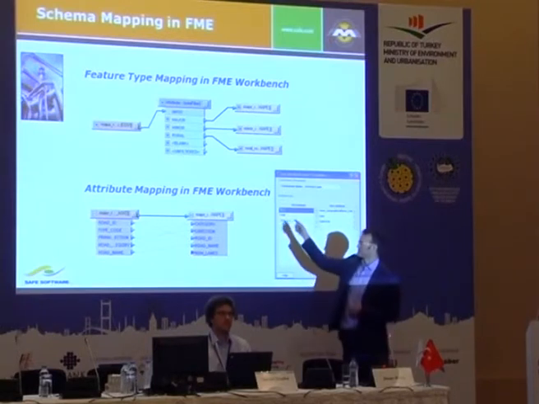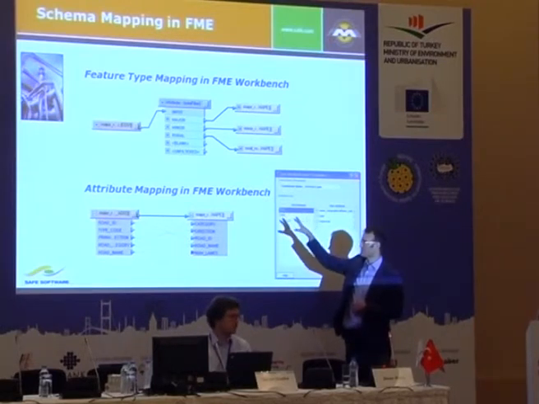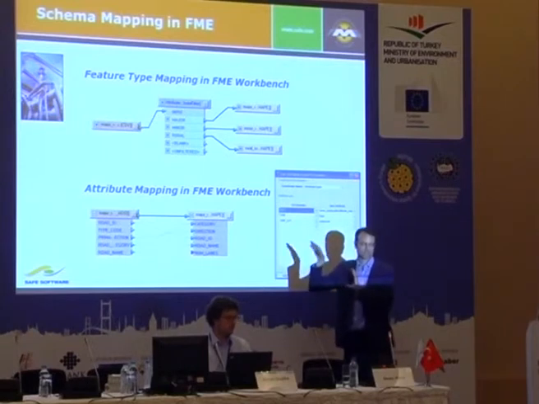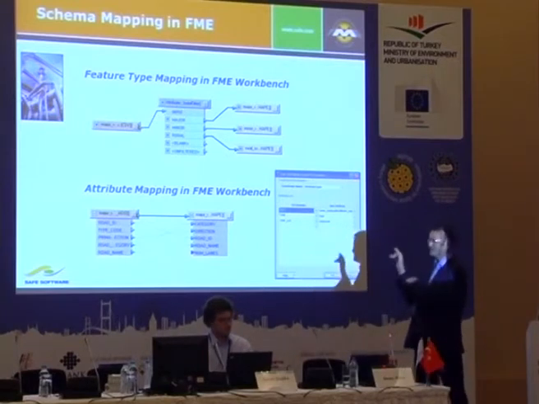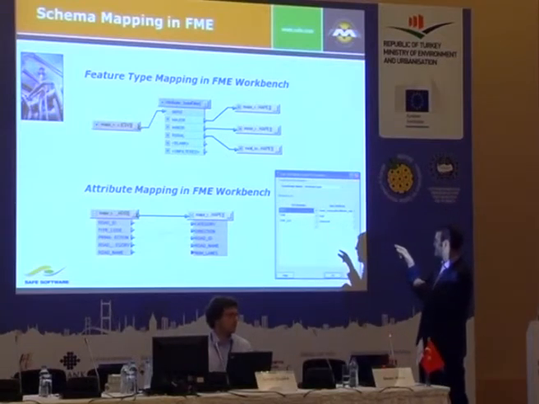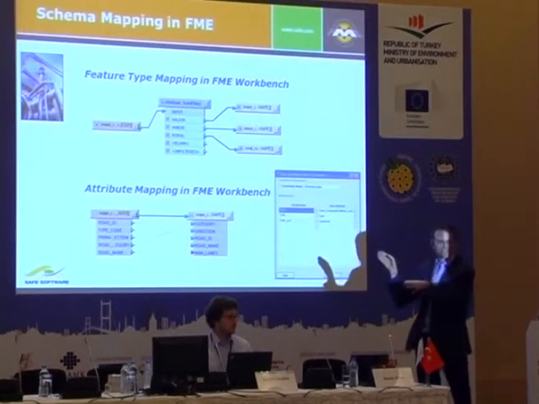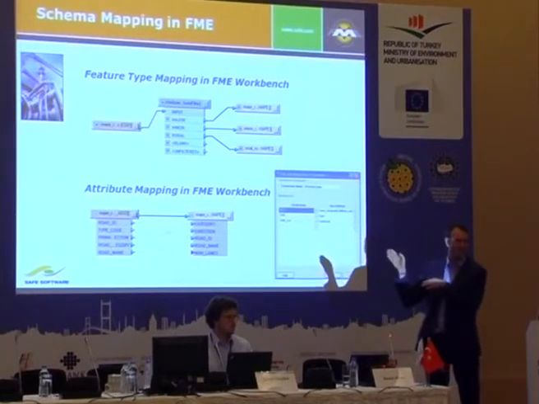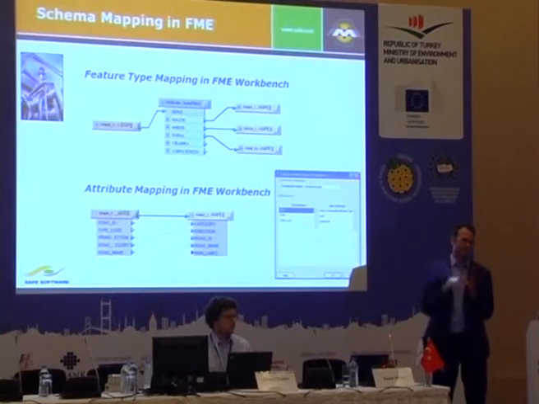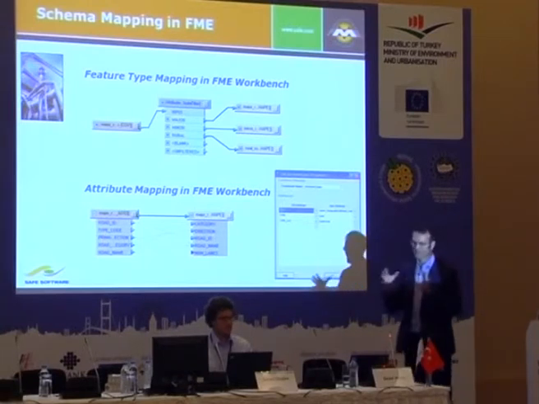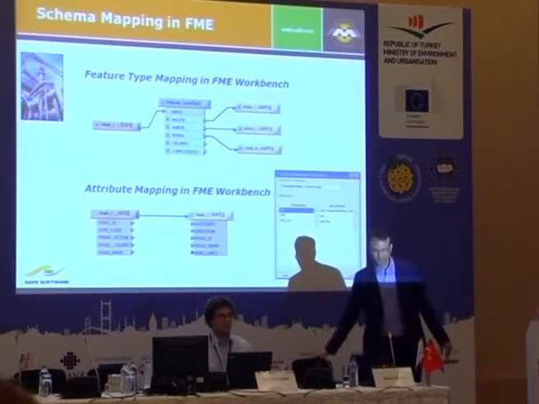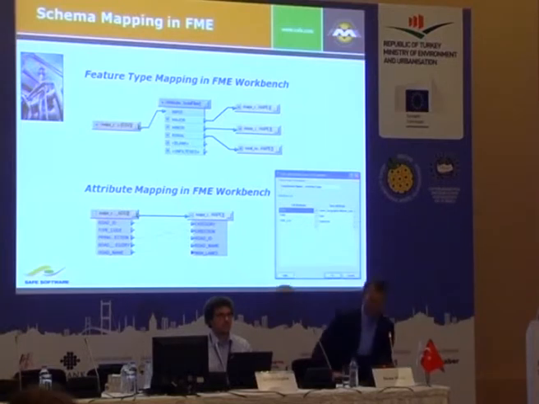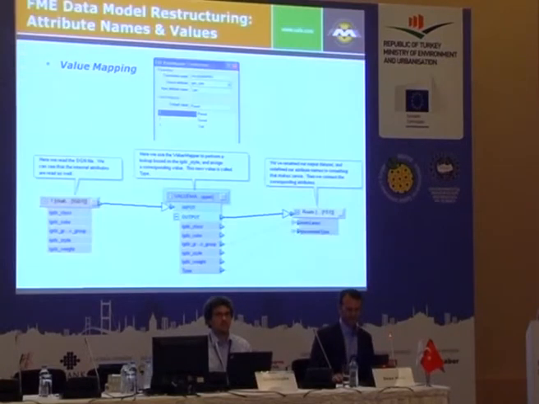Now, Soren will show you some examples later on of some transformers that they have developed that customize this type of feature type mapping and attribute mapping specifically for Inspire. And then you get context-sensitive help. But these are the building blocks that you get when you get FME.